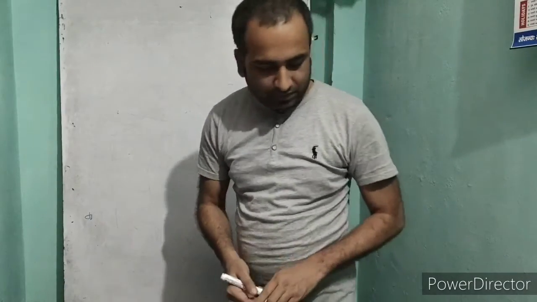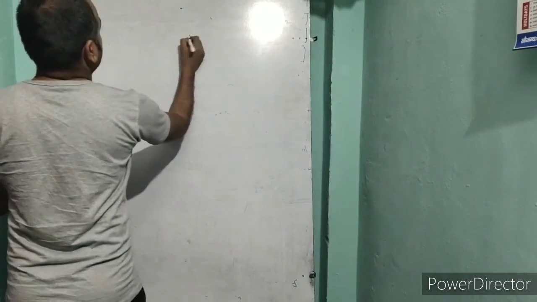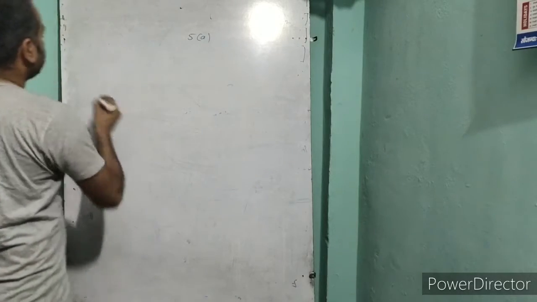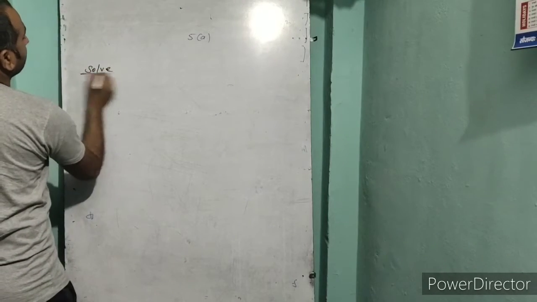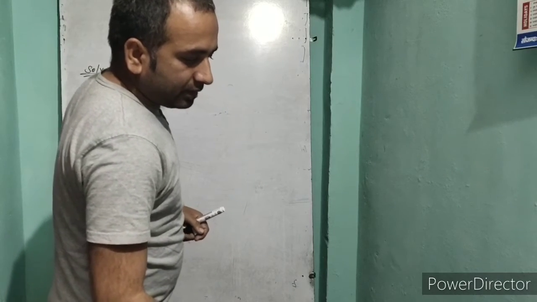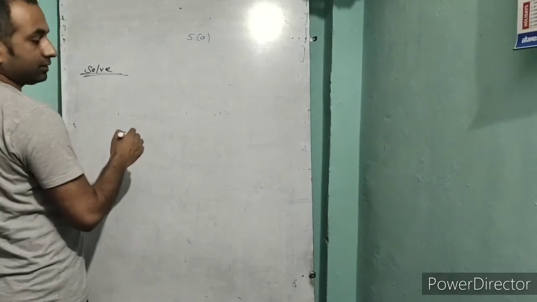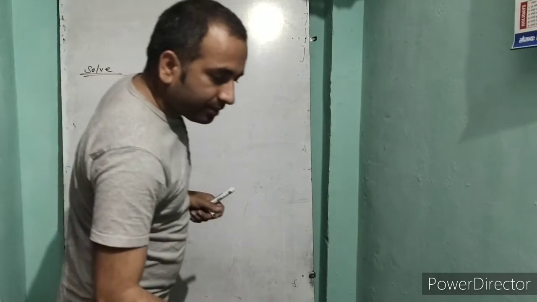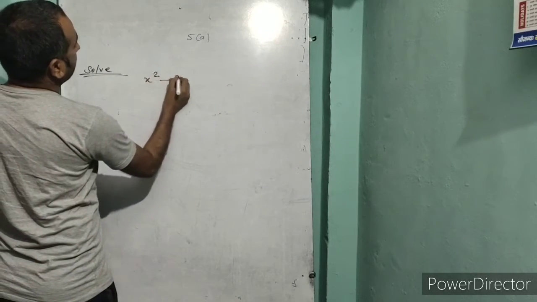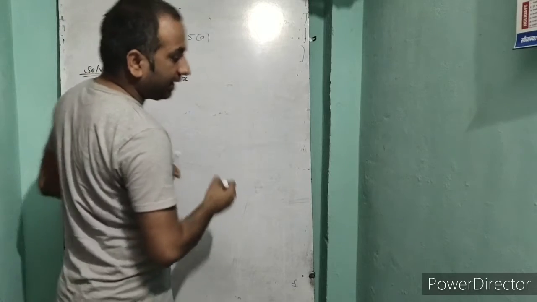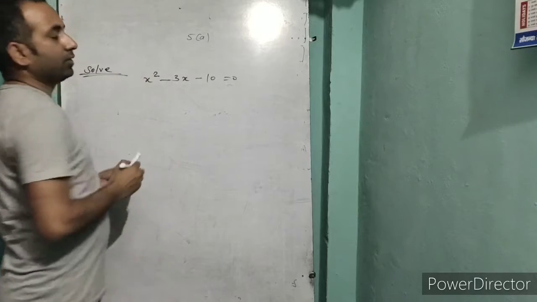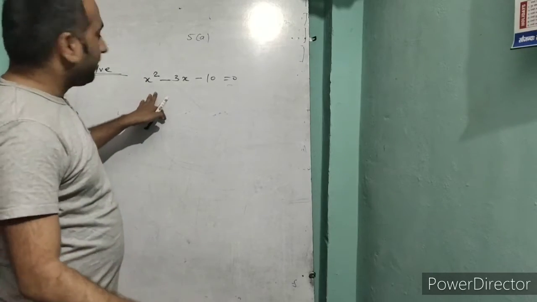The first question is solve x square minus 3x minus 10 equals 0. We have to solve this.